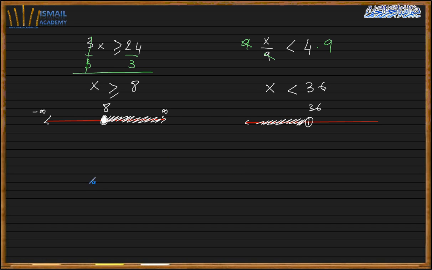So now if I have, for example, minus 11x is less than or equal to 22, what I do here, I divide both sides by minus 11.